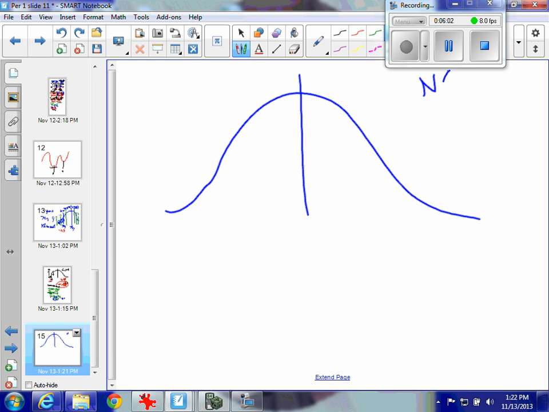I have an N. They said they made a 75-gram tomato, so this is 75, and somewhere over here is 70, and this is only 4%.